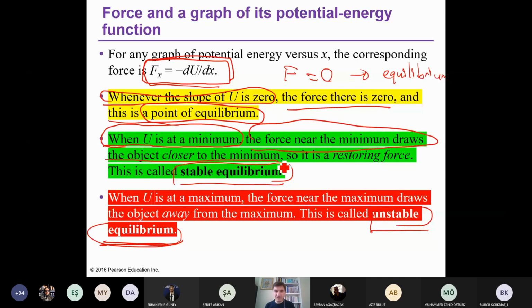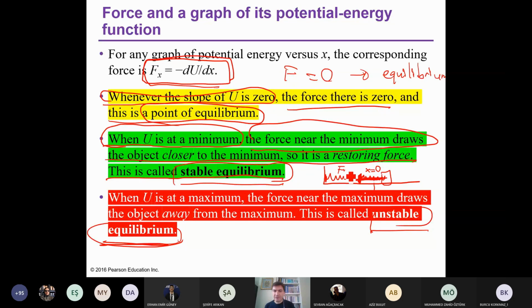So let me show you here again on a spring. Let's consider that this is x equals 0, very close to equilibrium. Here we have a spring. It is stretched a little bit, and then F spring is in this direction along the negative y, let's say. This is the F spring.